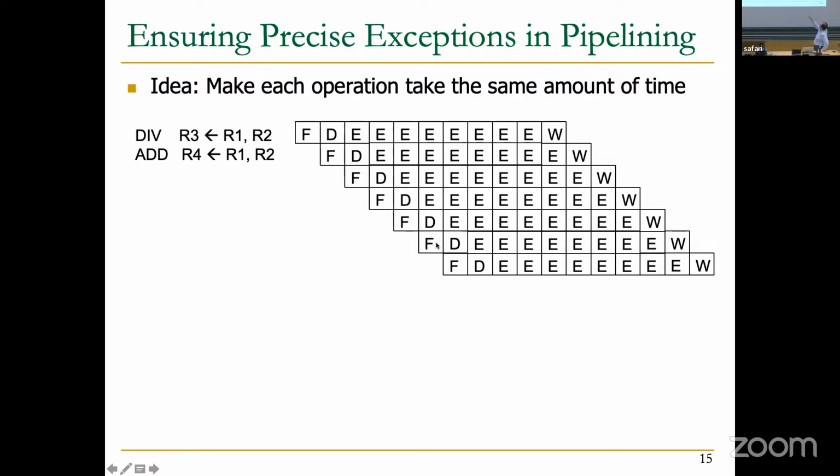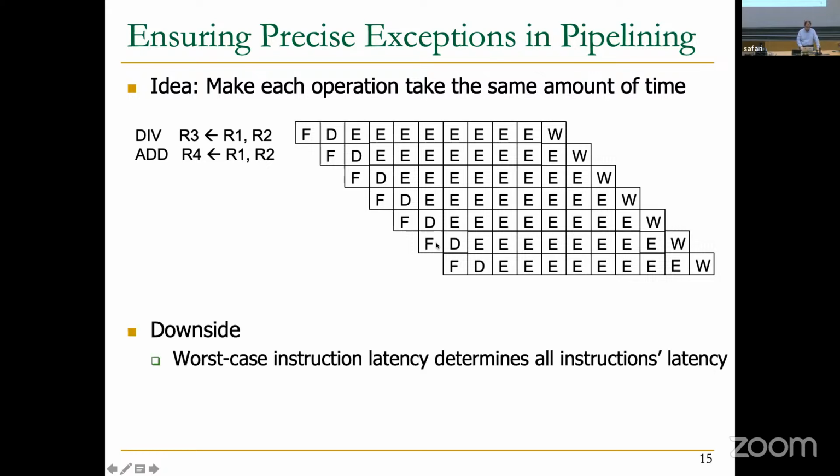For division, the execution takes 8 cycles, so I'm going to consider 8 cycles for addition as well. This can solve the problem, but for sure it's not an efficient solution. The main idea of multi-cycle execution is that for instructions that don't need 8 cycles, I spend only 1 or 2 cycles. This way I'd spend all the cycles for all instructions, and that's definitely not good.